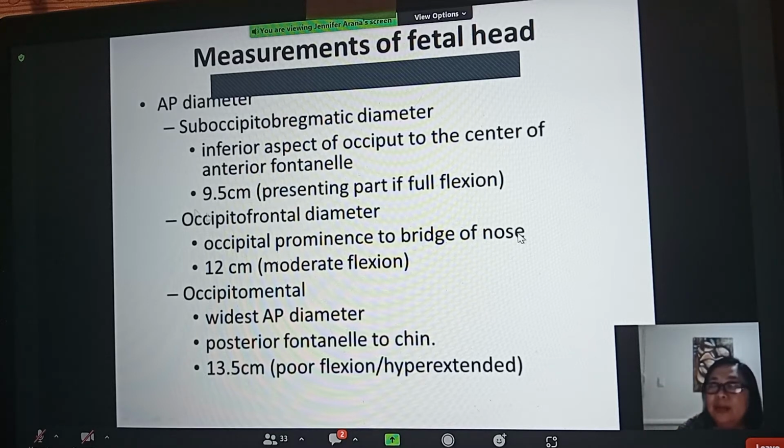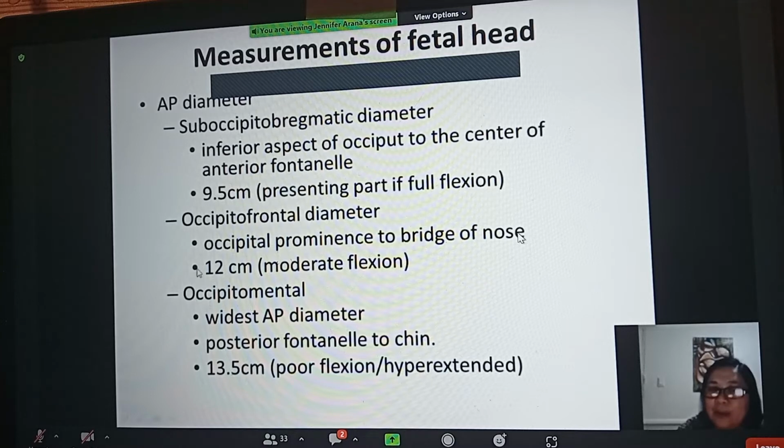This would be the size of the fetal head when the sub-occipital bregmatic diameter is the presenting part, if the child or the infant is in full flexion. Pag naka-full flex siya, mauna siya ang presenting part, ang sub-occipital bregmatic diameter. And it measures 9.5 centimeters.